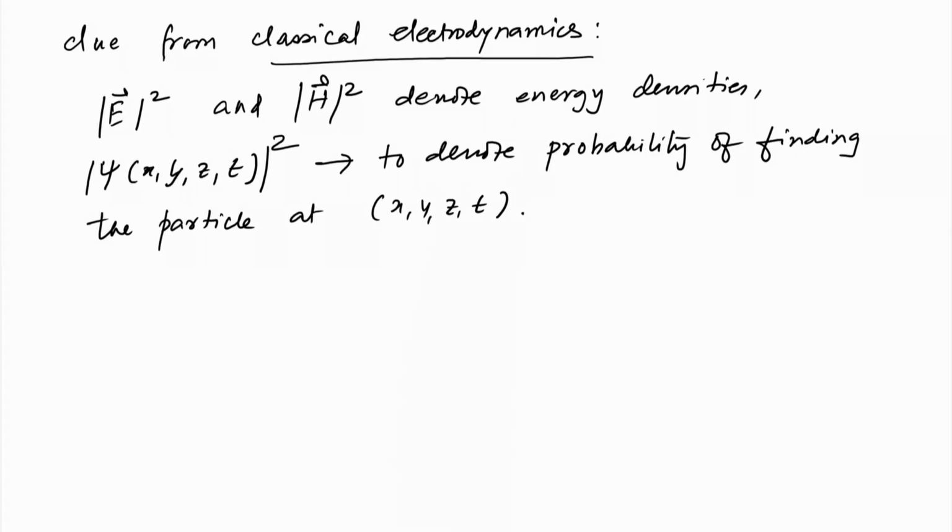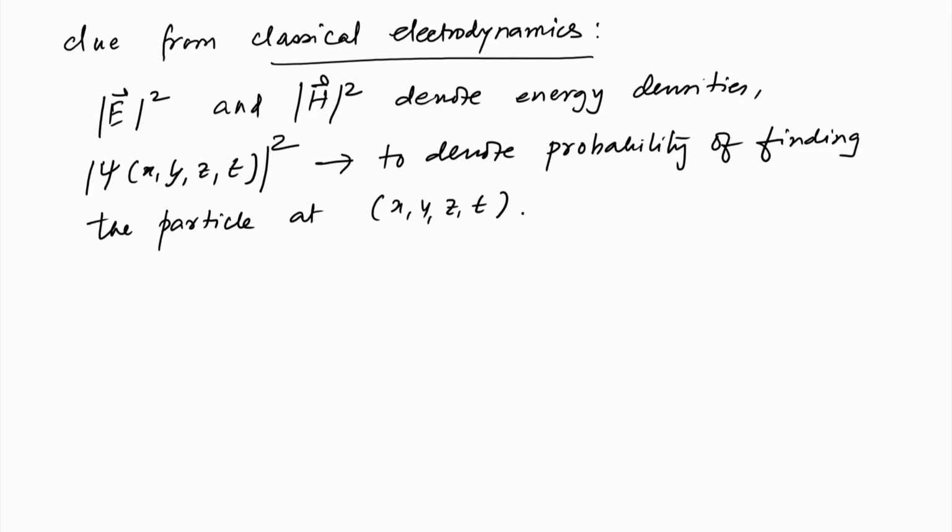So, this is the meaning or the physical interpretation associated with the wave function, that the mod square of it is the probability of finding a particle at a given point or at a given space-time point.